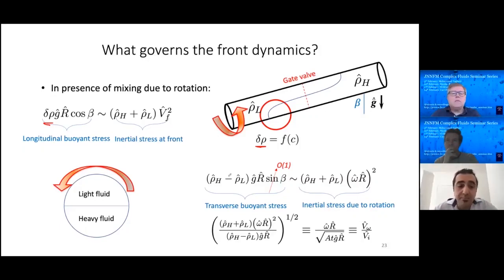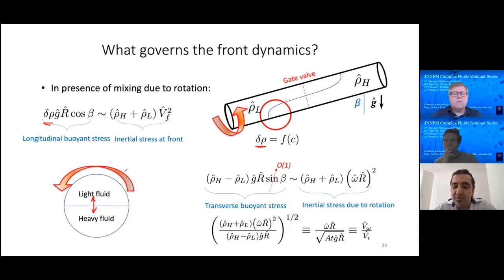In this case, we can write a balance between the transverse buoyancy, which separates the two fluids in the transverse direction, wants to keep the interface horizontal, and keeps the fluids segregated to avoid mixing, and on the other hand, inertia due to the rotation, which wants to tilt the interface, overturn the interface, and mix the fluids significantly.